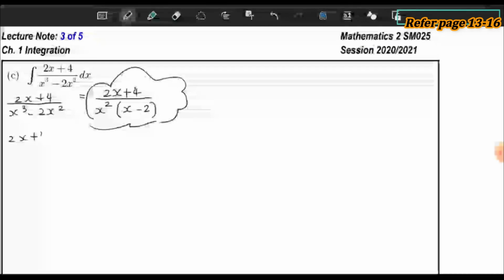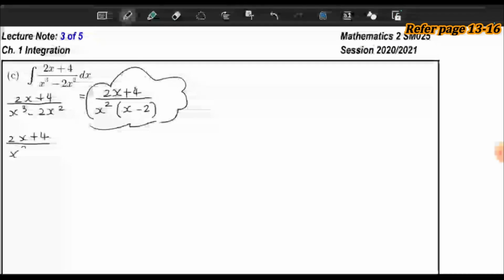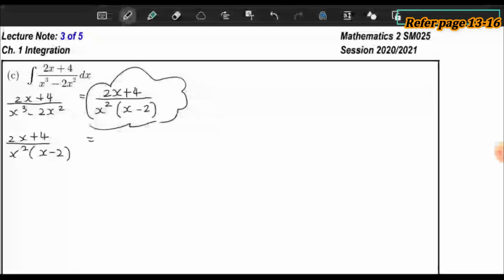So 2x plus 4 over x squared times x minus 2 equal to, x squared is a repeated linear factor, a over x plus b over x squared plus c over x minus 2.